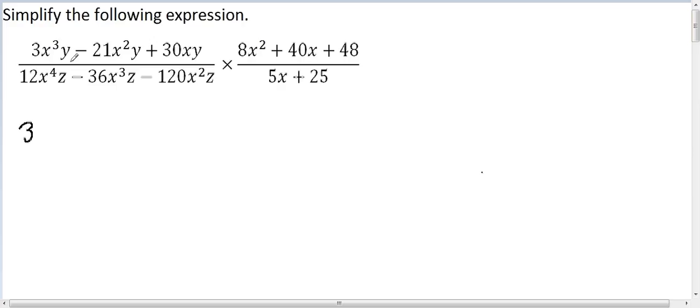And if we look at the x and the y's, this x here has the smallest exponent, so we can factor x out and y out as well. When we do, we're left with x squared minus 7x plus 10.